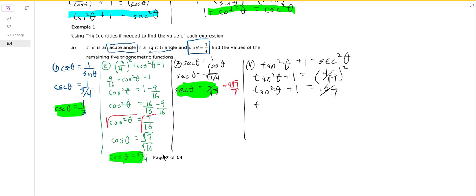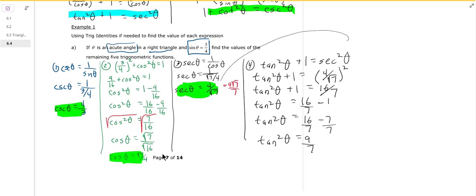So now I'm going to subtract 1 from both sides to get 16 over 7 minus 1. And I can write that as tangent squared theta equals 16 over 7 minus 7 over 7. And I can write this as tangent squared theta is equal to 9 over 7. Then I can do a square root. I'm just solving an equation, and of course plugging in the answer I got on the secant.